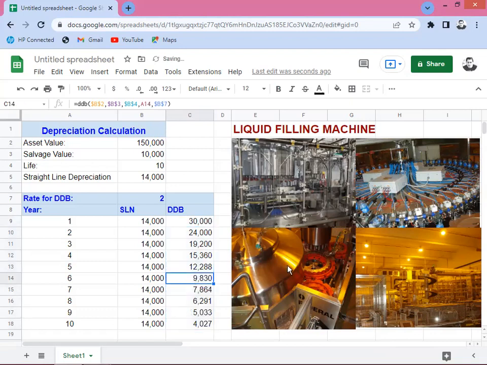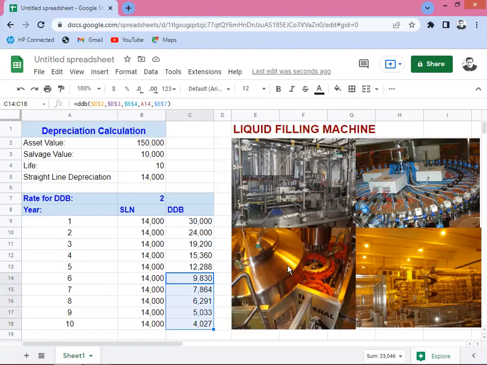Okay, this is the double declining balance method of calculating the depreciation cost. On the first half, of course, the depreciation is bigger. The first half of the useful life is bigger, but on the second half, when you already have issues in terms of the maintenance, in terms of the condition of the machine, the depreciation cost will be lower.